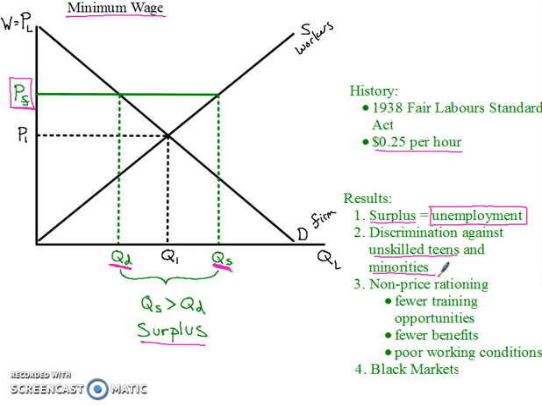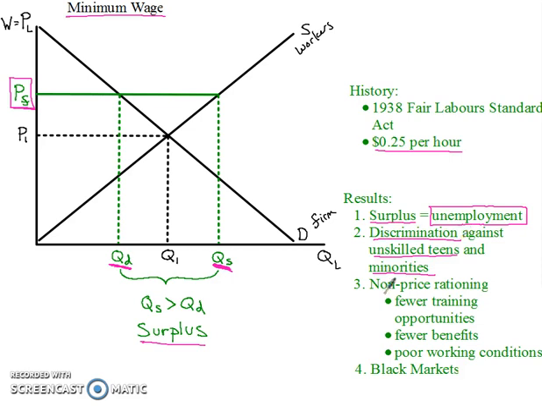Or maybe they will hire based on how attractive they think a person is instead of looking at how good of a job they would do. That's not to say these things might not happen to some extent under normal conditions, but we expect to see it even more when you have a surplus of workers. So discrimination is definitely something that we worry about when we see these minimum wage laws.